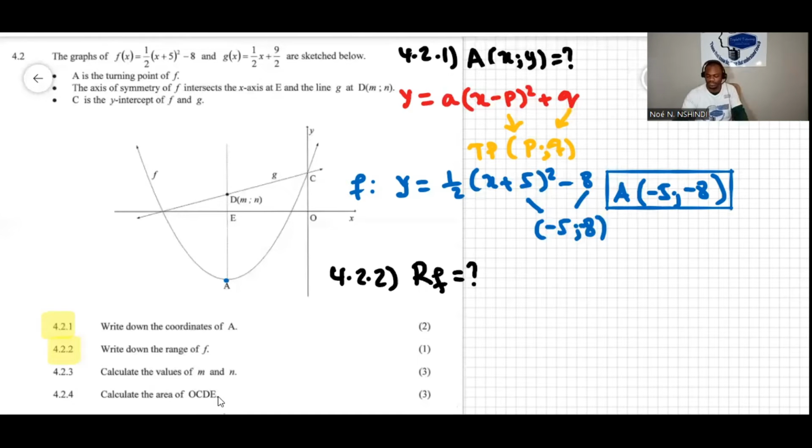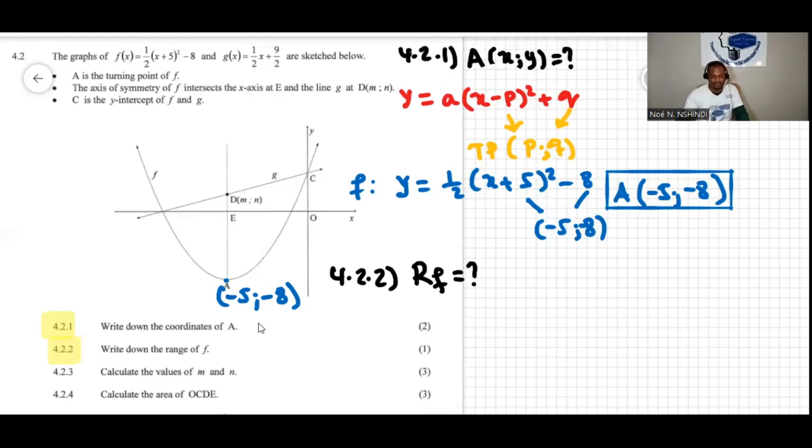If you look at this f here, it is a parabola, so it cannot take all y values. As we found the turning point to be (-5, -8), the lowest y value of this graph will be -8.